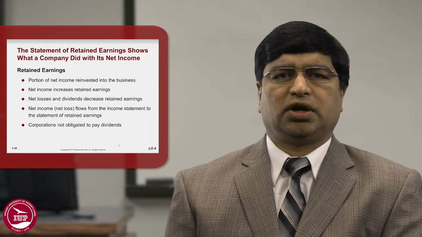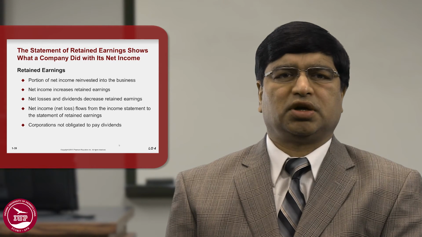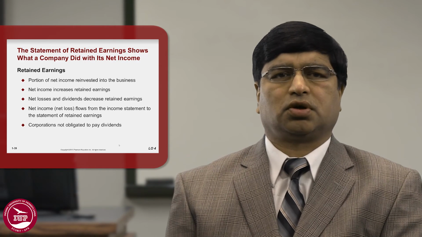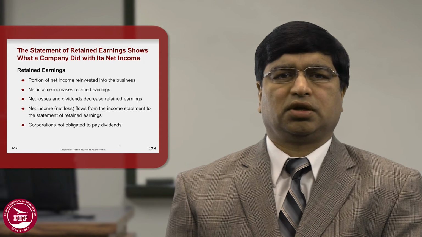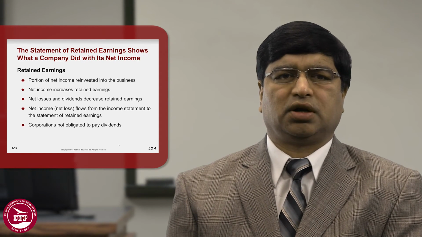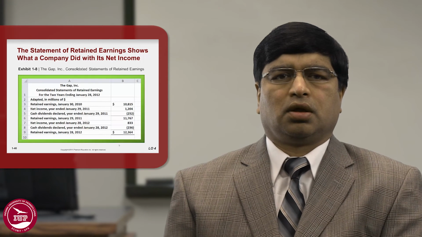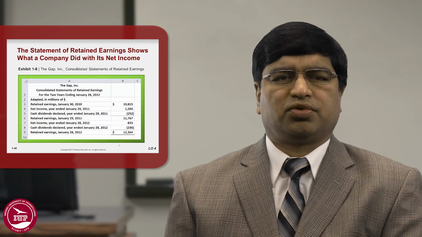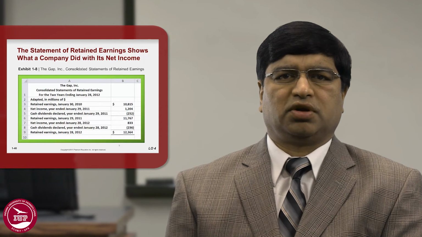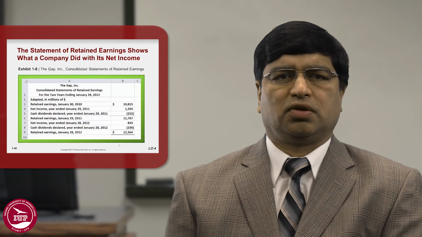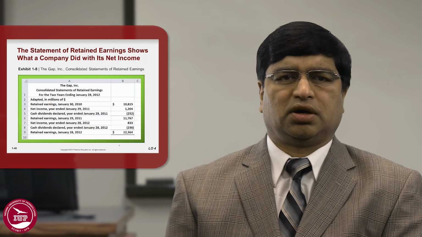Next, we come to the retained earnings. Retained earnings, as we said, is one of the portions of the stockholders' equity. Net income will increase the retained earnings, and net losses will decrease the retained earnings. For example, here is the format for the statement of changes in retained earnings. You'll start with the opening balance of retained earnings.